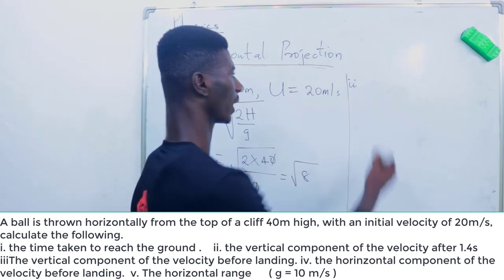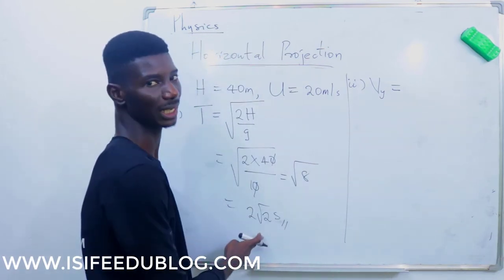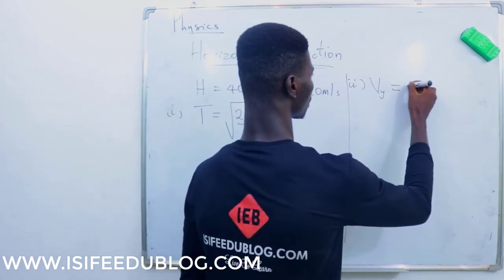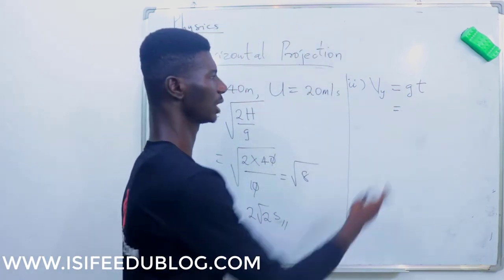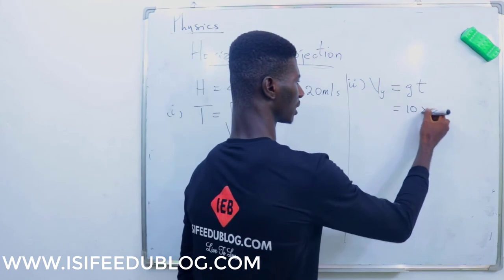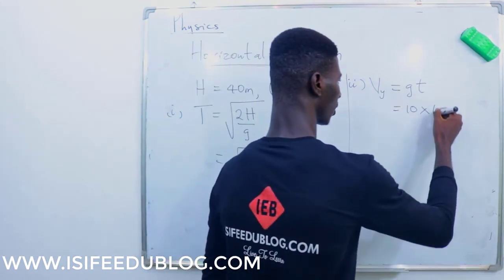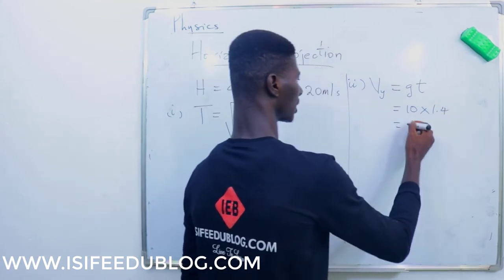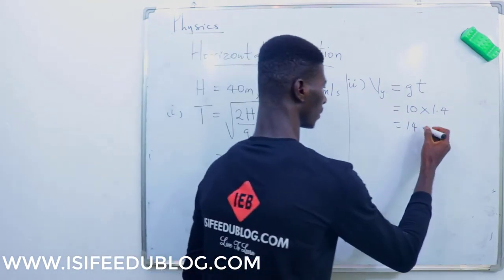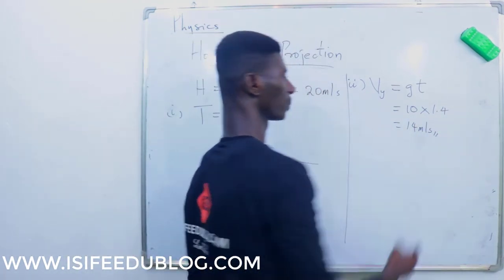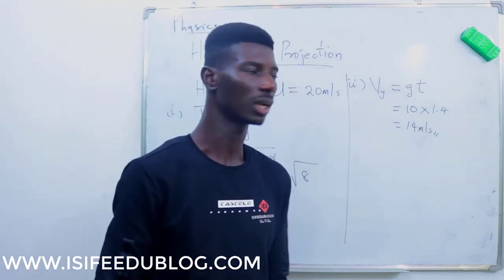So we are making use of Vy, and since we know our time of flight already, we can simply use gt. So what is g? 10 times, what is the time? After 1.4 seconds, this is the 1.4. 10 times this will give us 14 meters per second. So this is the velocity after 1.4 seconds.